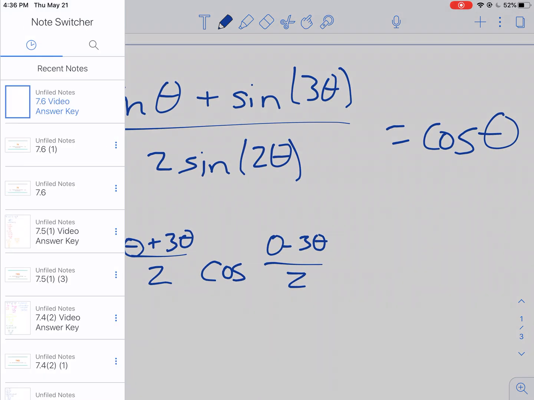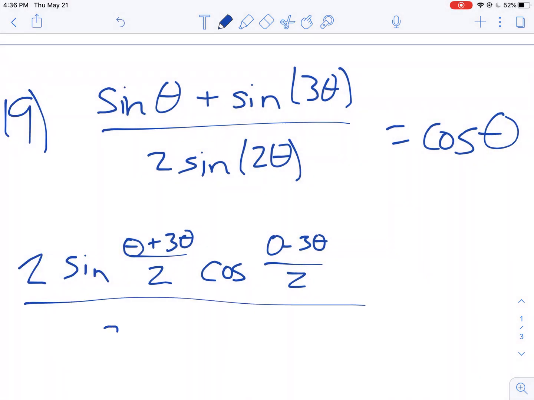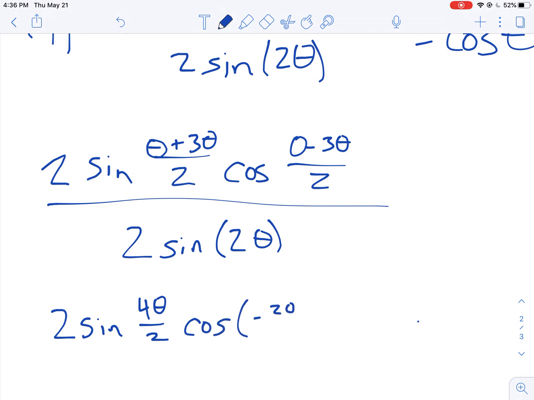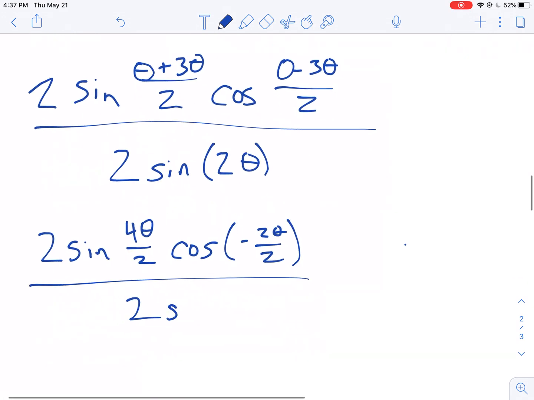And this is all over 2 times the sine of 2 theta. This becomes 2 times the sine of 4 theta over 2 times the cosine of negative 2 theta over 2, all over 2 sine 2 theta.